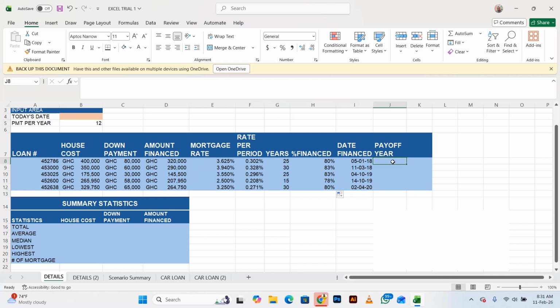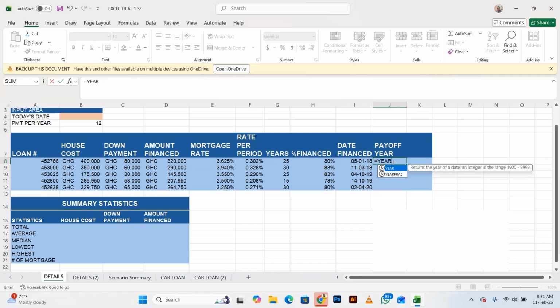And there's a formula for that. The formula is equal to, just as I said, we are not going for the year function in the formula bar. So equal to, and then you type year. So you are selecting the year. Which year was the loan given?